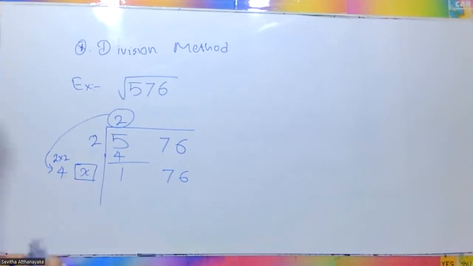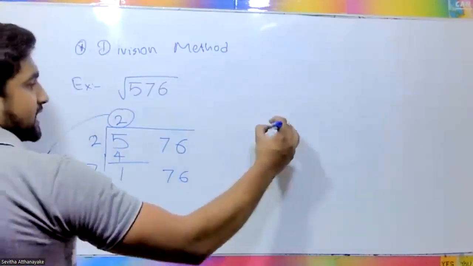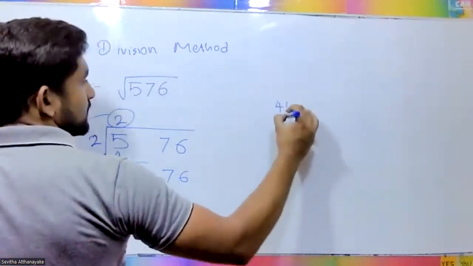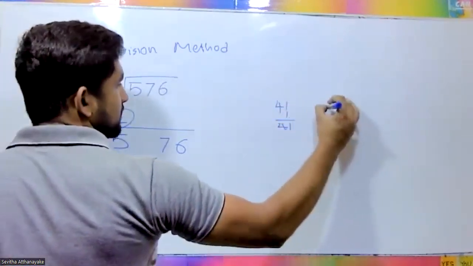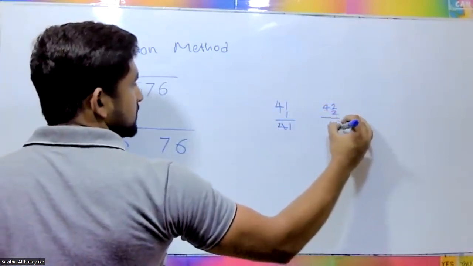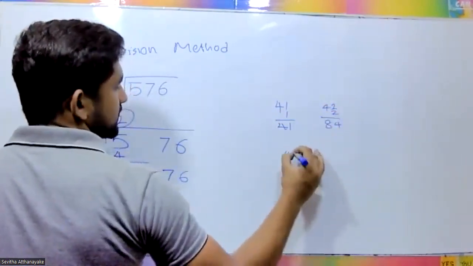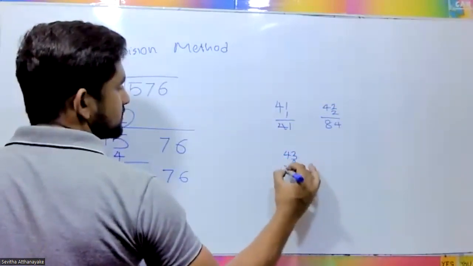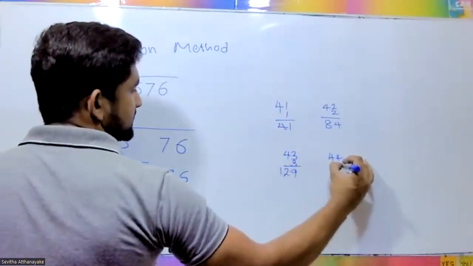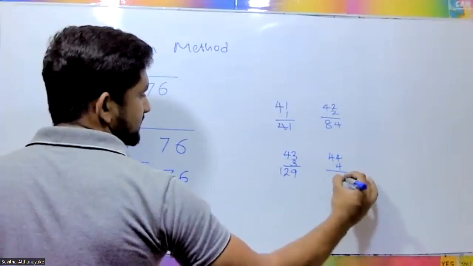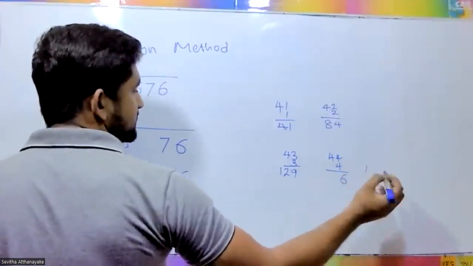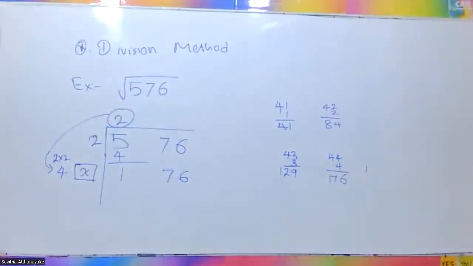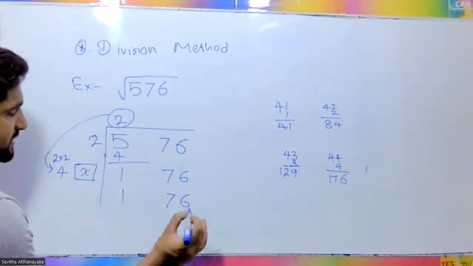So first we'll take, let's suppose we'll take 41 multiplied by 1, again 41, 42, 43, let's take 44, 16, 1 remaining, 4 times 4, 16 plus 1, 17, 176.